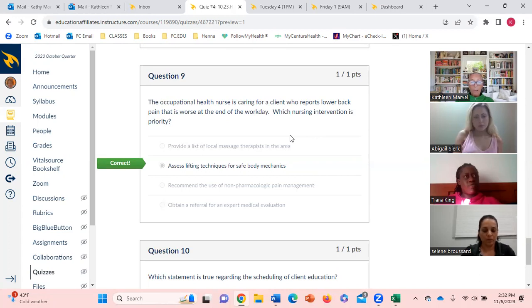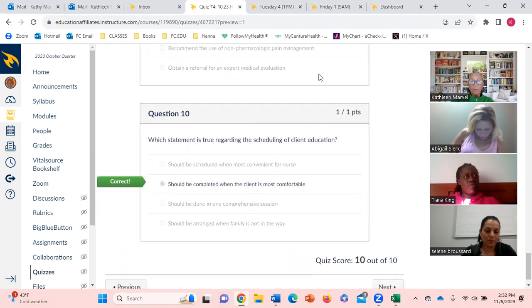We wouldn't provide a list of local massage therapists. We don't even know what's going on. Recommend the use of certain medications? No. Obtain a referral? No. We need to assess their lifting techniques and body mechanics to make sure it's not something to do with that.